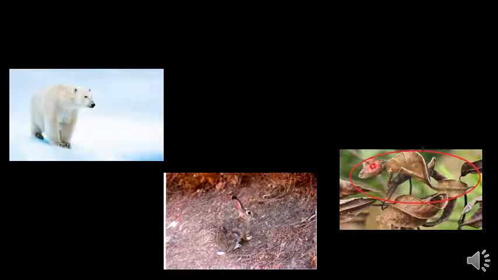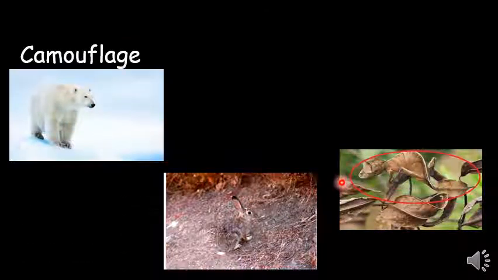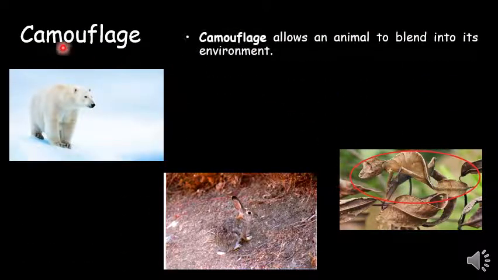If you look at these insects also, if I didn't put any circle around it, it would have been very difficult for you to identify this insect on the litter, especially on the leaves. So this kind of process is what we call crypsis, and animals that exhibit this kind of adaptation are called cryptic animals. So in simple terms, we can say this is camouflage.